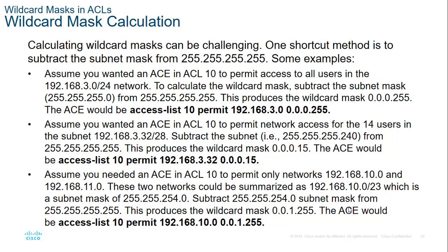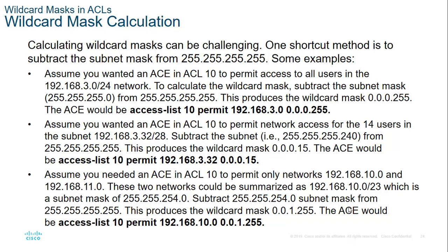unless you're going to be working in your ACLs like we are here today. Another example, in which you need an ACL number to match networks in the range of 192.168.0.0/24 all the way to 31. The network range would be summarized as a /20, which is a subnet mask of 240.